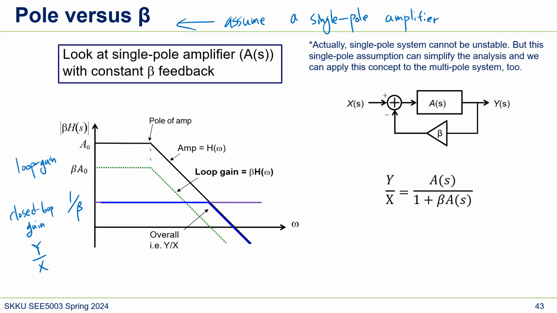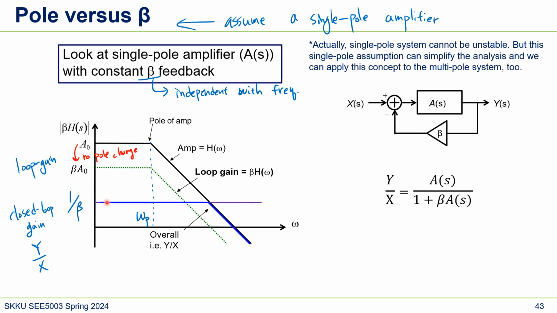Let's say we have a pole here. Because we assume that this feedback beta is independent of frequency, so it's just a constant, the location of the pole isn't changed. From here to here, there's no pole change.